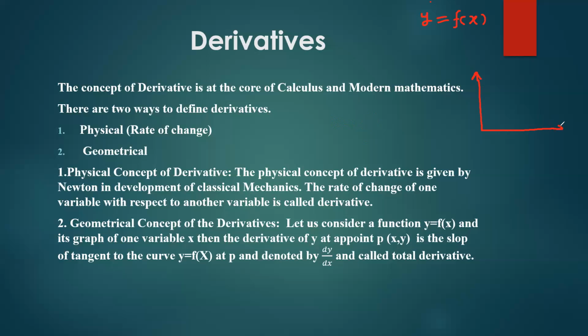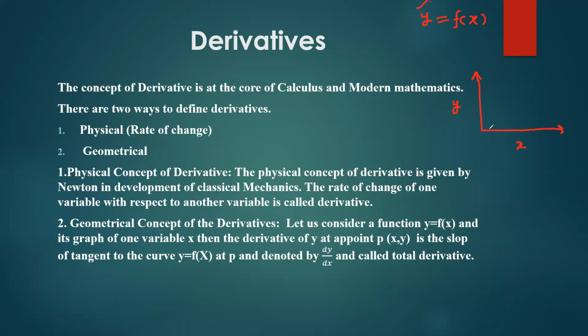The variable which is in our hand, it means which will give the value, we take it in the x direction. In the function y equal to f(x), here we give the value of x. It means we take the independent variable on x-axis and we take the dependent variable on y-axis.